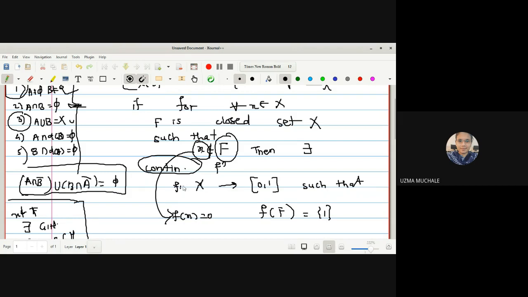And then the mapping f is such that it maps the element to 0 and maps the closed set to the singleton. Any doubt for the definition of a completely regular space? No, ma'am. Simply, the two things are given, an element x and a closed set, but the element is mapped to 0 and the closed set is mapped to the singleton 1, on the condition that the mapping f is continuous. Okay.